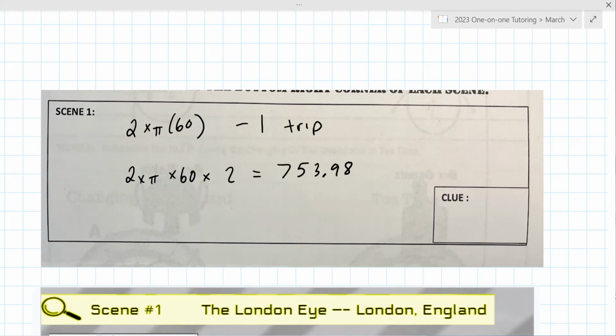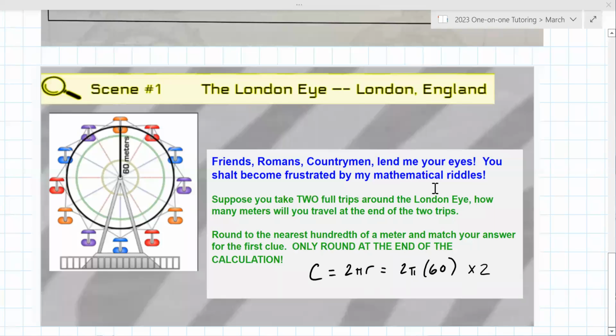The clue comes from, I don't know, where do you get the clue from? I think it's on the slideshow. It says round, okay, we did that, and then use the blue box to highlight the clue. So I think the clue is the answer, or on the next slide it's like n equals 754.